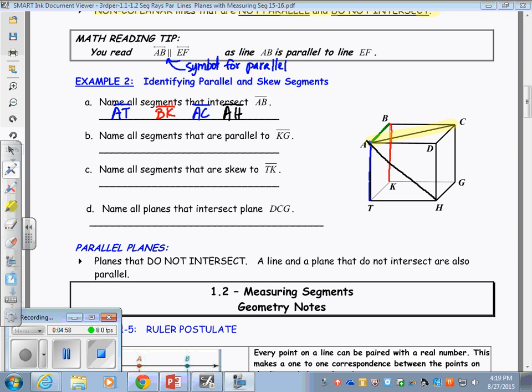I could also have BC. We could also have a line drawn on the opposite corner, like such, BG. Okay, line segment BG. And then for B, they went through all the segments that are parallel to KG. So I am going to just highlight that.